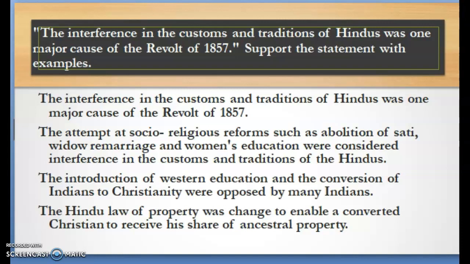Then there was the introduction of Western education. The British introduced Western education with the objective that they would create Indians who would be like-minded as the Britishers, meaning Indians who would be British by thinking and by character, and for that they came up with the idea of Western education.